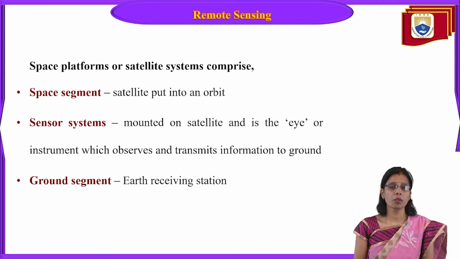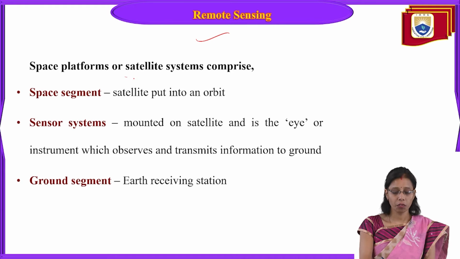Now if we talk about platforms, here we are going to discuss the space platform. We have three types of platforms: one is the ground platform, one is the airborne platform, one is the space platform. In remote sensing we are going to deal with satellites and space platforms.